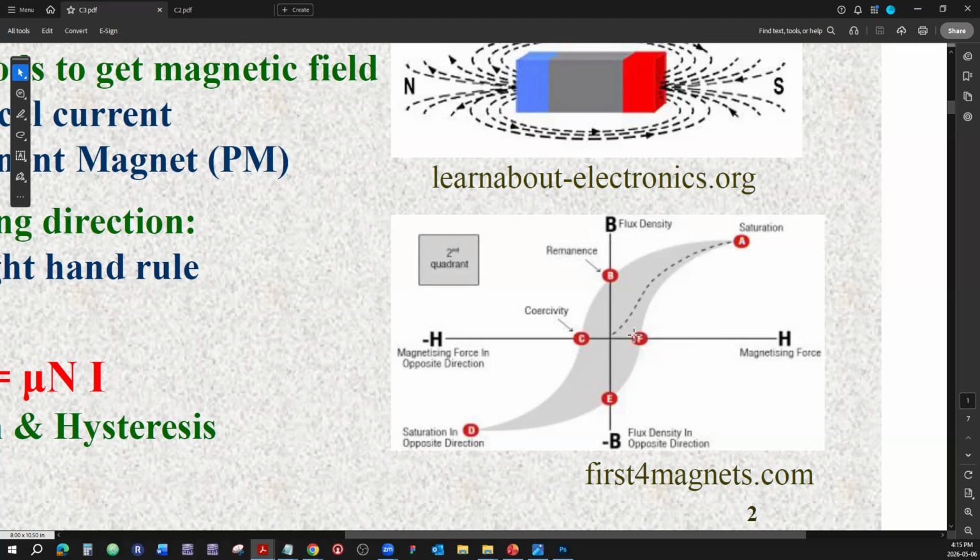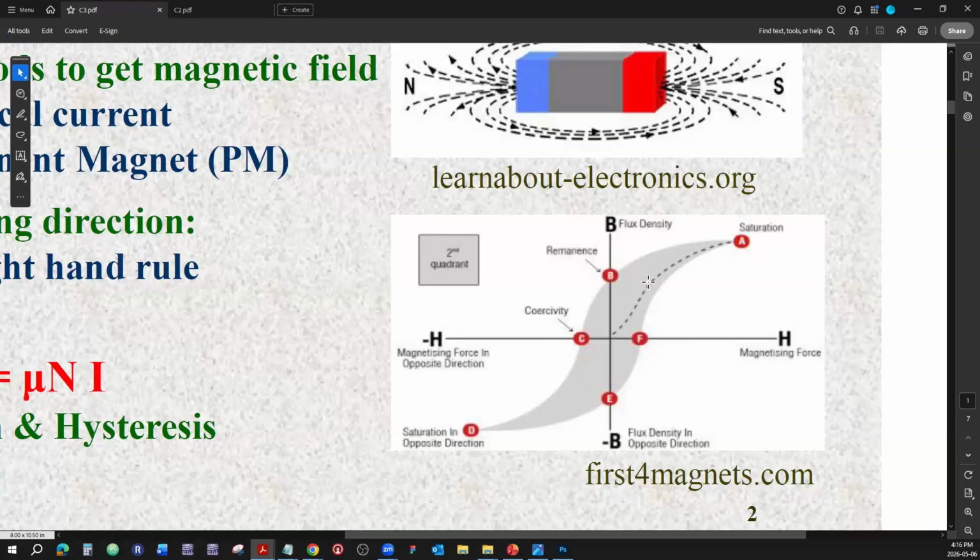And then when we keep increasing that magnetizing force, we're going to reach something called a saturation point. When we start increasing current or adding turns, the material inside is not going to magnetize more. It's just going to say, enough, that's as much as I can take, and I'm not going to get any stronger. So then when we start going back with the strength, the material stays magnetized.